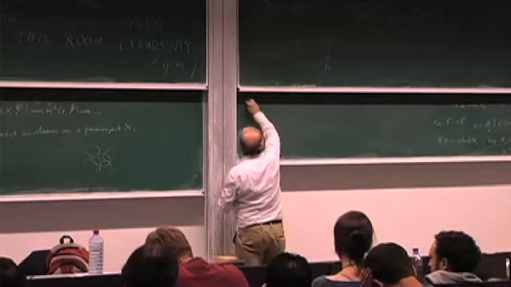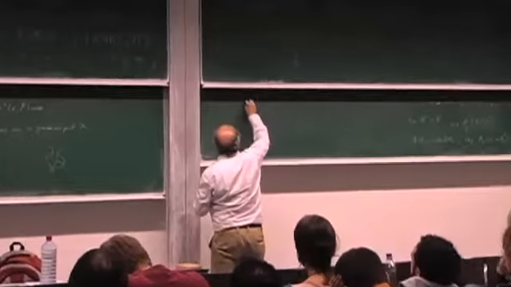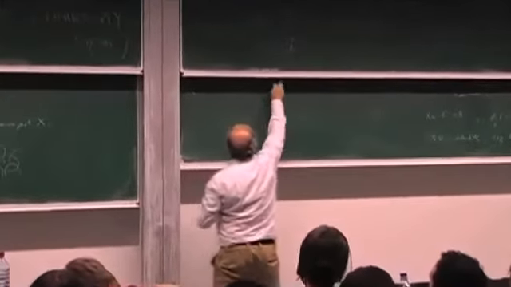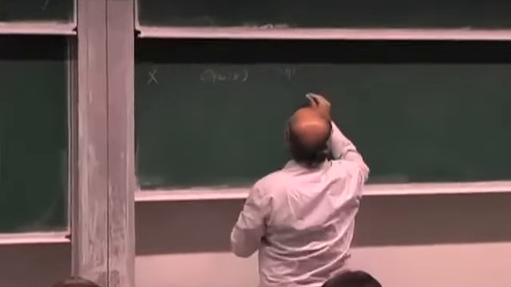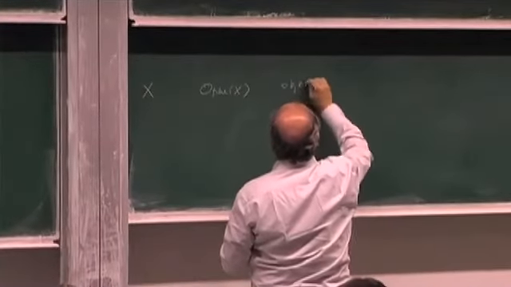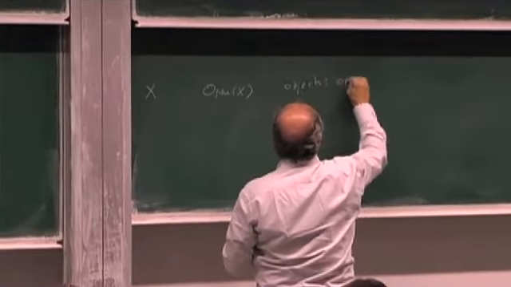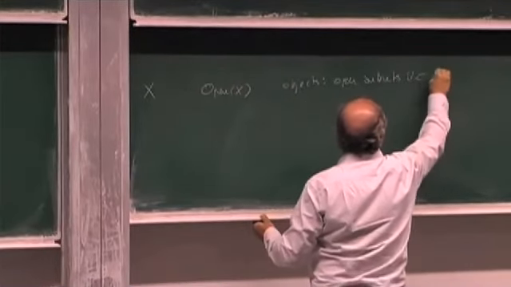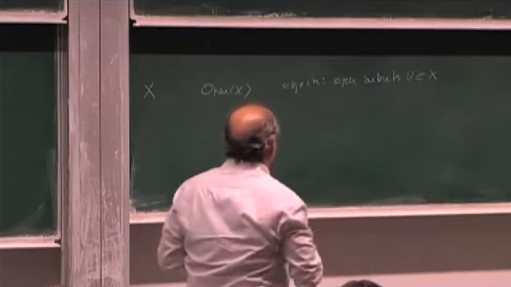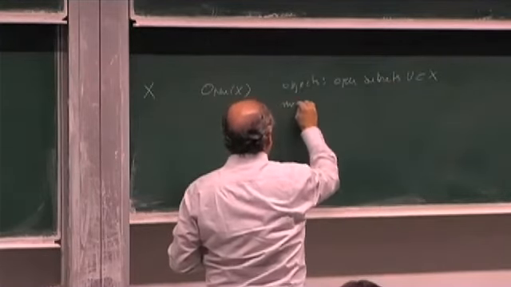So we have a topological space, and from this we consider a category Open(X), whose objects are the open subsets. And the morphisms are inclusions.